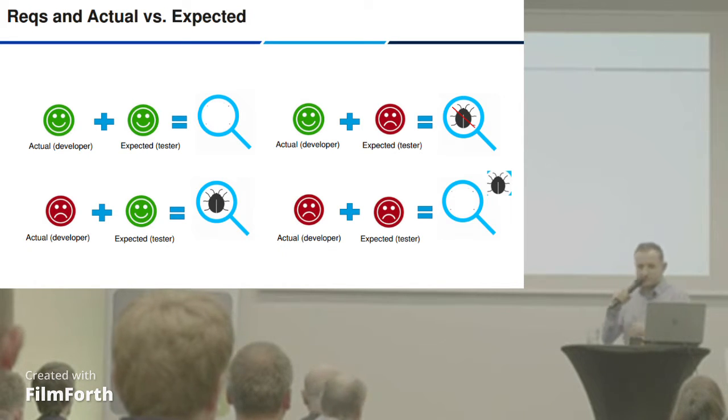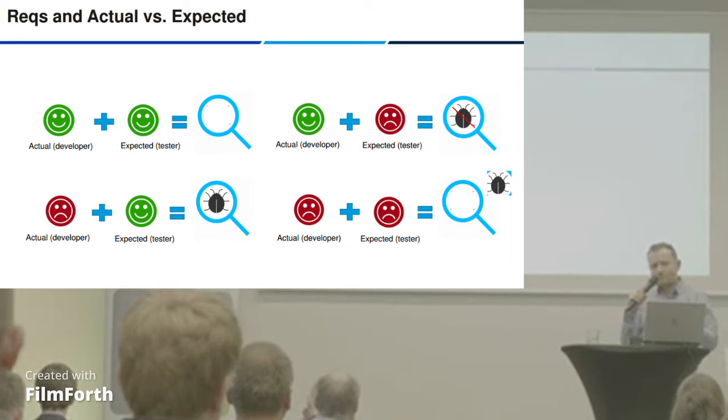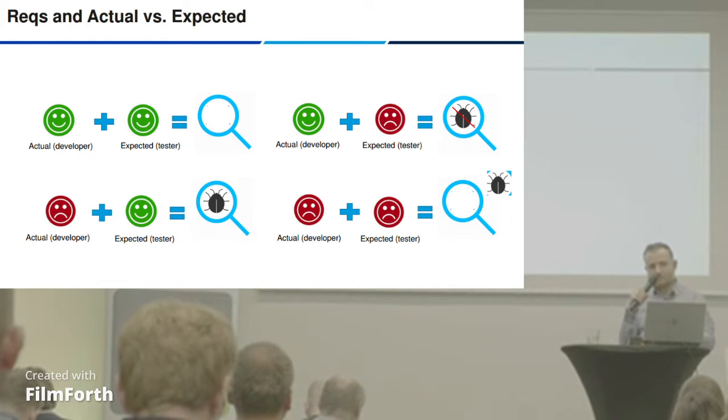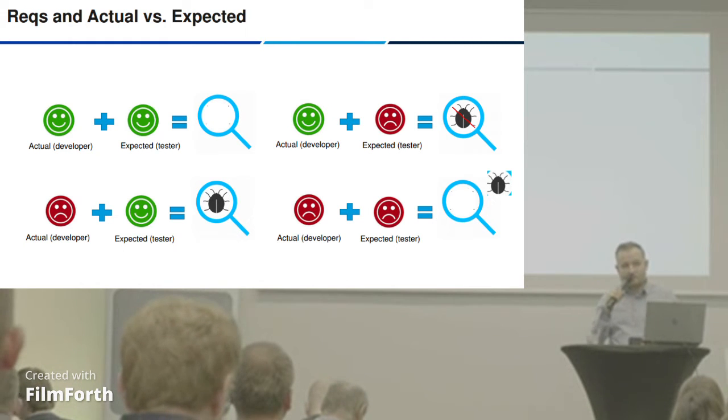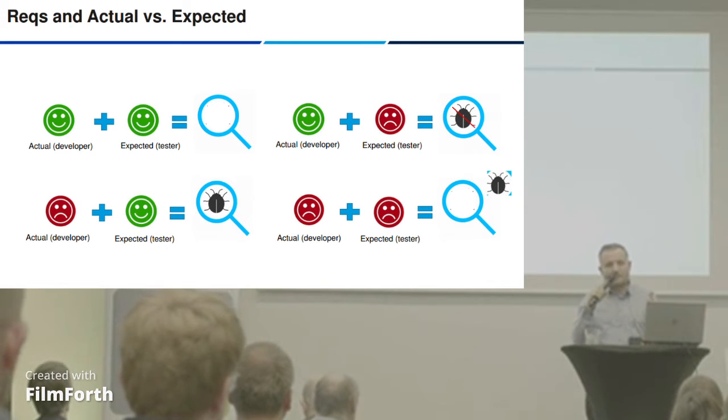Let's imagine the first scenario. We've got the actual prepared by the developer, and this is okay. The interpretation of requirements was okay, and the developer prepared it well. The tester has done exactly the same. So no bug, test passed, everything is all right.